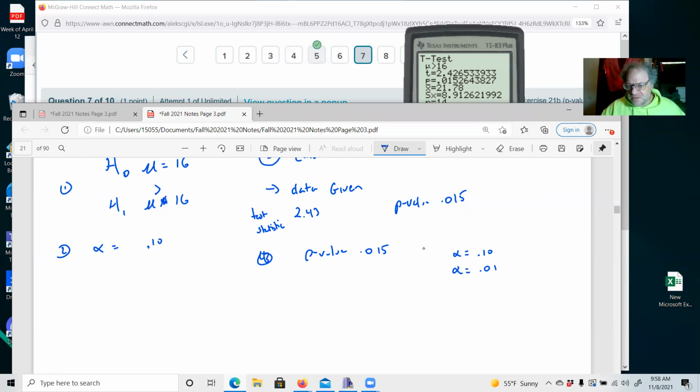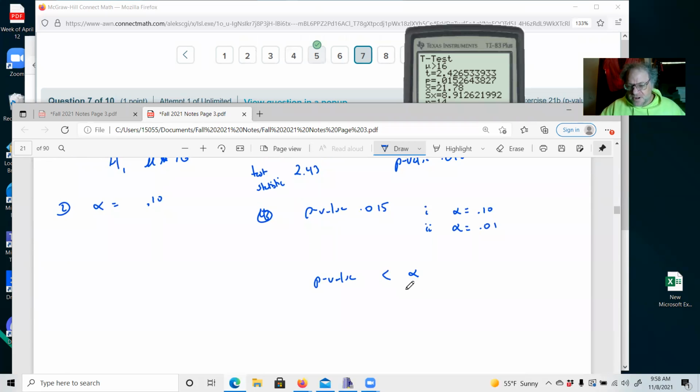If we go with our first choice, the one we set up at the beginning, p-value is less than alpha, so we're going to reject H0. But after you see the result, you can say, no, I'm going to say it's 0.01, and since this is 0.015, this is the correct one.